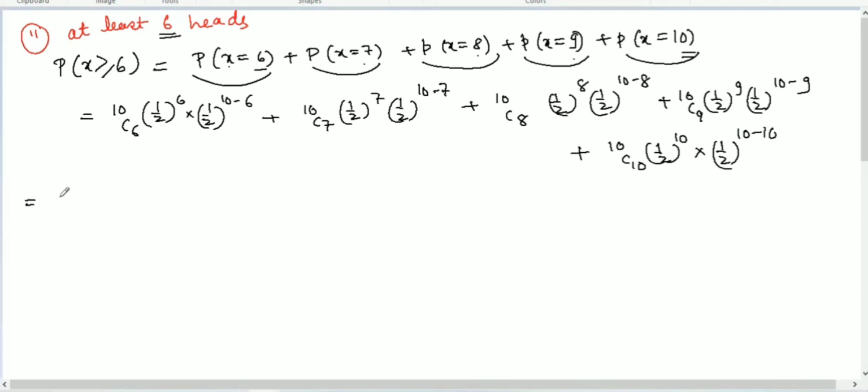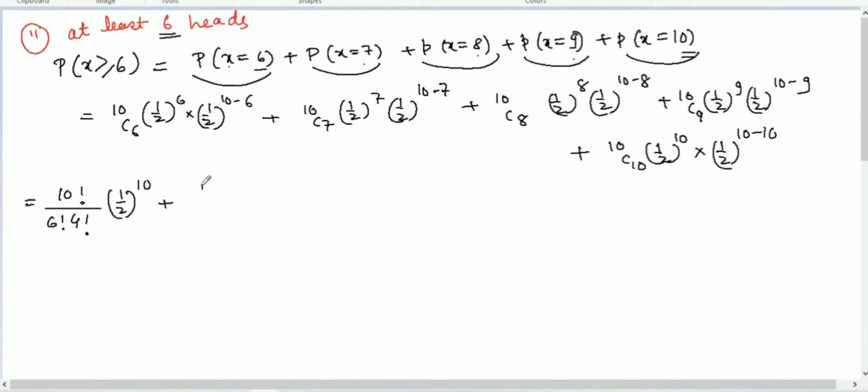Calculate all of these separately. So 10 factorial over 6 factorial and 4 factorial, 10 minus 6, which I explained to you earlier, with half to the power 6 and half to the power 4. So it will be half to the power 10. The base is the same, so the powers will be added.